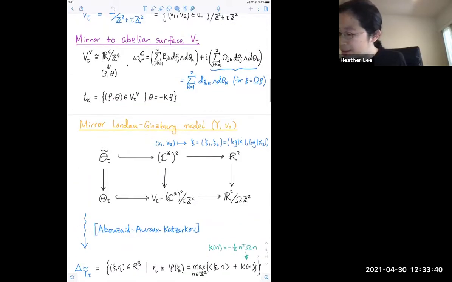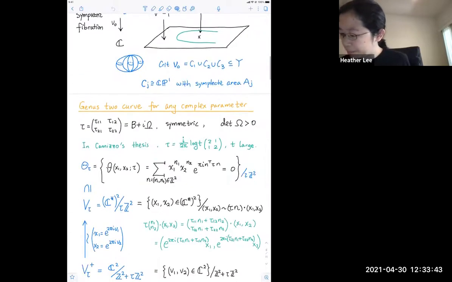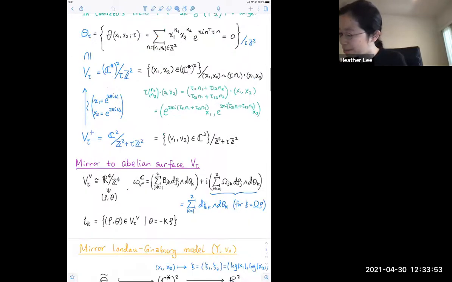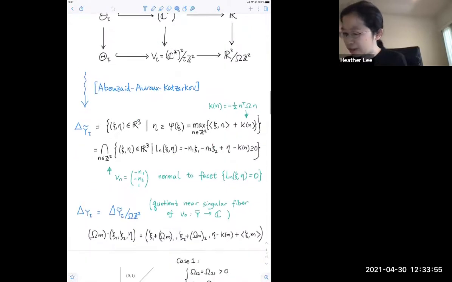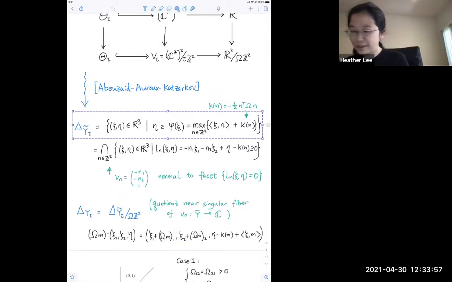Yeah, so here, sorry, it got messy. This omega was the imaginary part of this parameter, the complex structure on the abelian surface that the genus 2 curve is embedded in. But this omega factors into how we constructed the mirror, what the geometry of the mirror is.